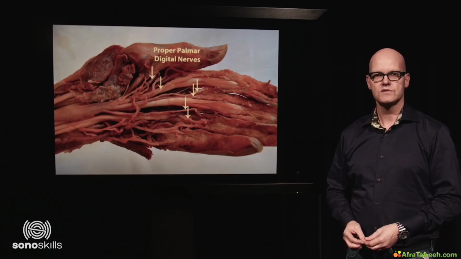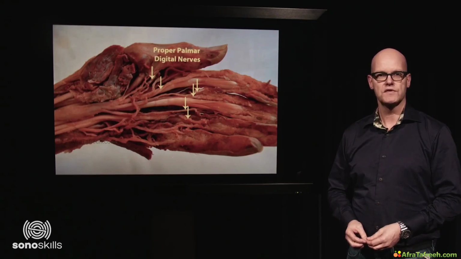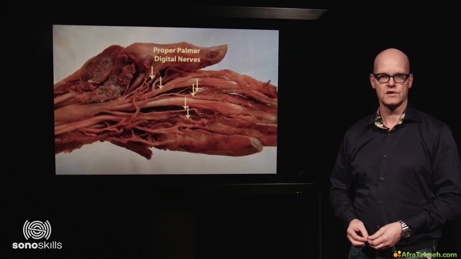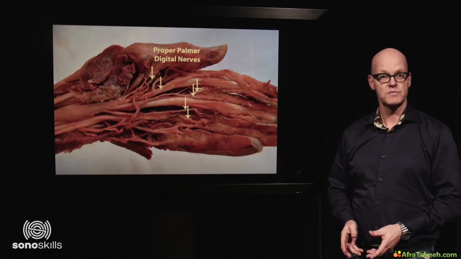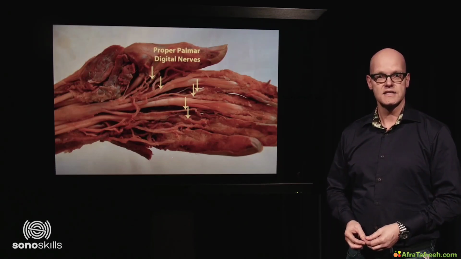Distal to the recurrent branch, the median nerve divides into 3 proper palmar digital nerves of the median nerve, also called the proper volar digital nerves. 2 of these supply the sides of the thumb, while the third gives a twig to the first lumbricalis and is distributed to the radial side of the index finger.